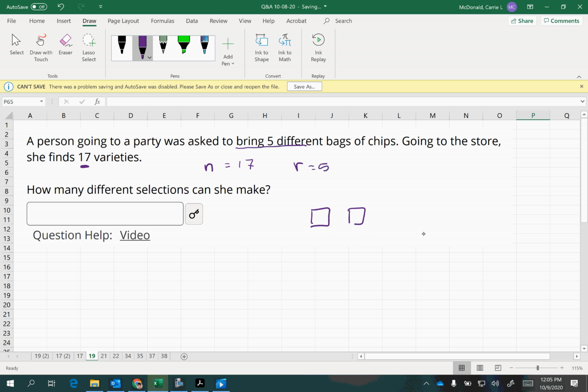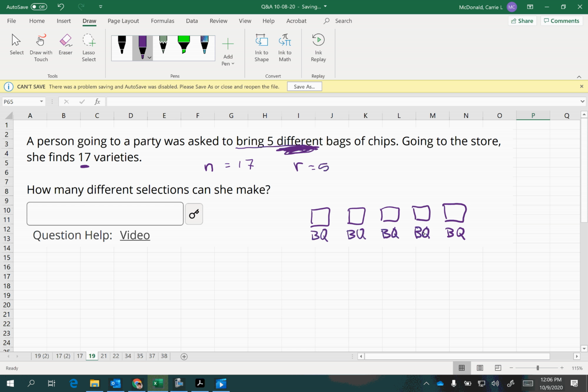Well, if these are my 5 bags of chips that I'm going to select, and let's say I choose barbecue, can I choose barbecue for all of them? Maybe I just like barbecue chips, so I'm going to bring 5 bags of barbecue chips to the party. Well, the host did ask for different bags. They want a variety for their party.